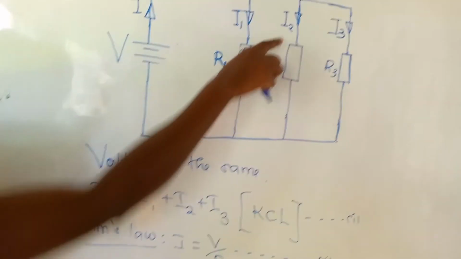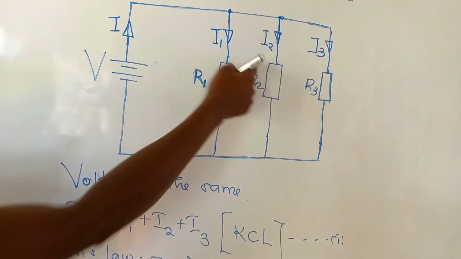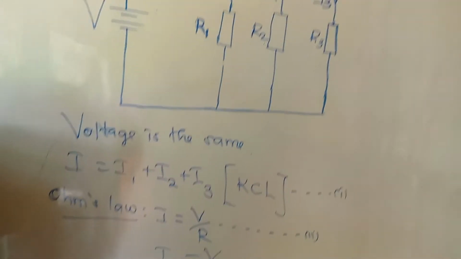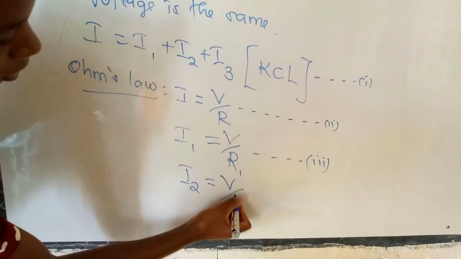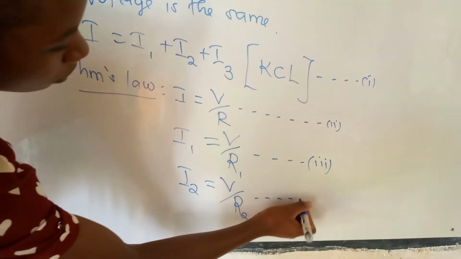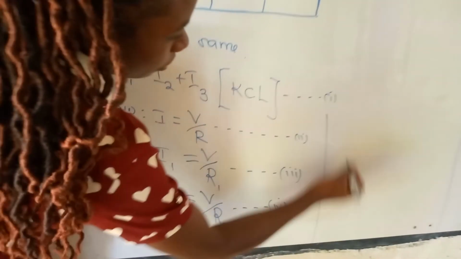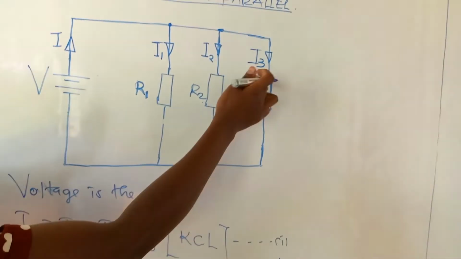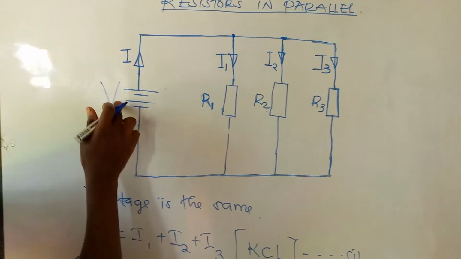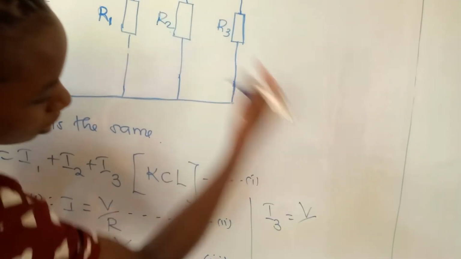And for I2 we do the same: the voltage here, which is the same as the source voltage, V, over the resistance R2. And for I3 we do the same: the voltage, the same as the source voltage, over the resistance R3.